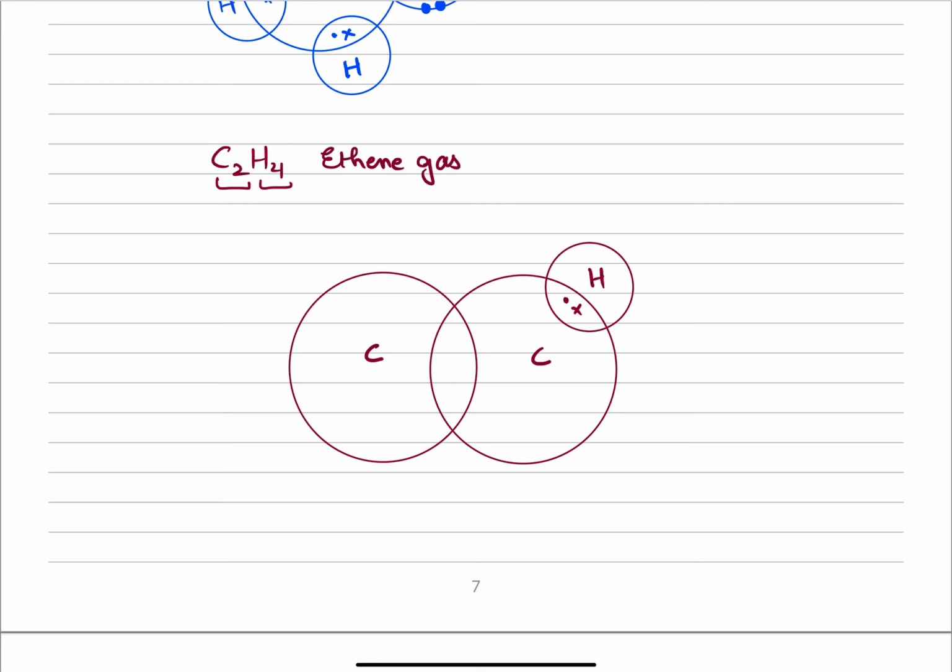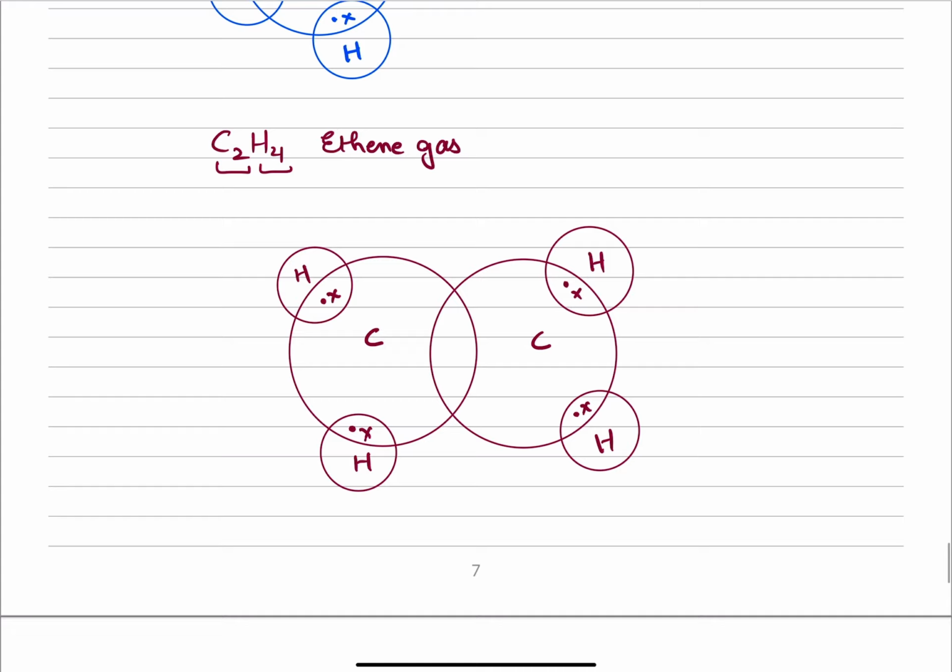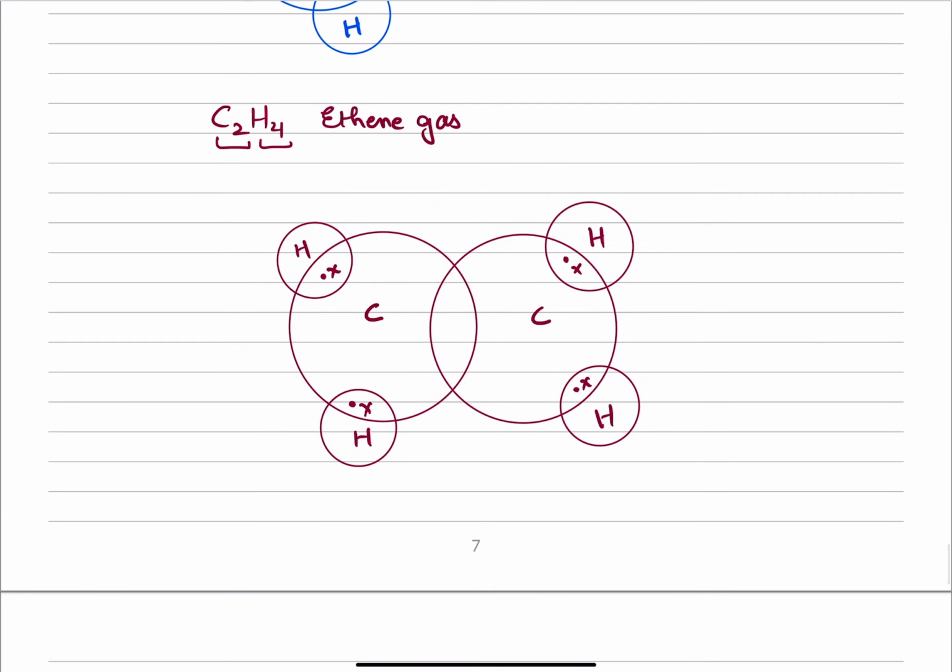So 1, 2, 3, and 4. Each carbon is covalently bonded to 2 hydrogen atoms. However, carbon has 4 electrons in its outer shell.